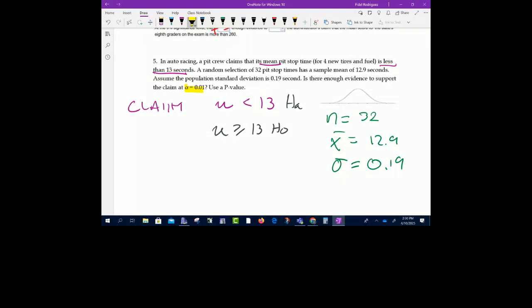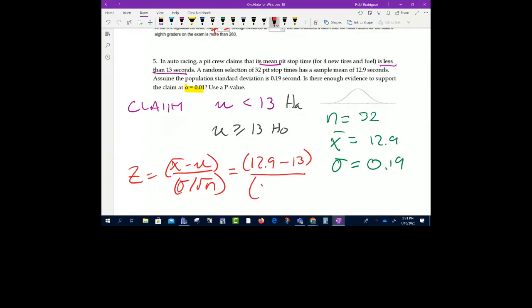So, y'all, first thing we're going to do, we're going to find our standardized test statistic. We're going to find our Z value. Let's take our numbers and plug them in. 12.9 minus 13 all over sigma 0.19 divided by the square root of 32.